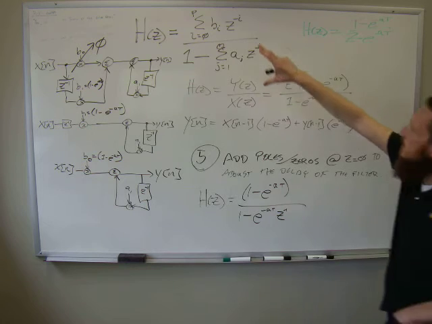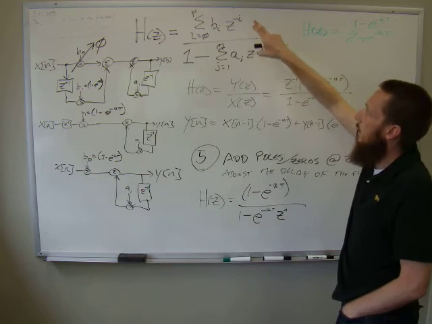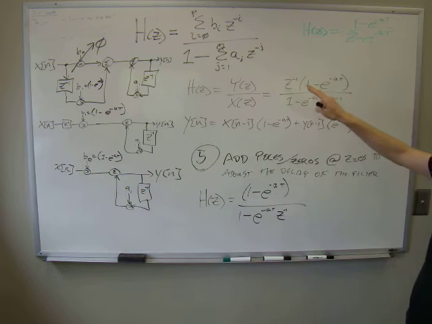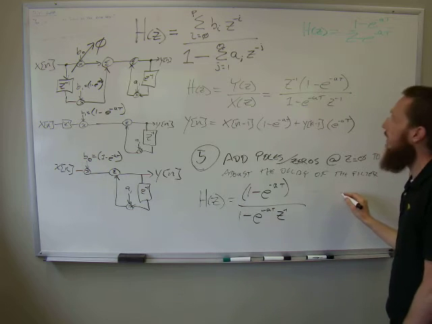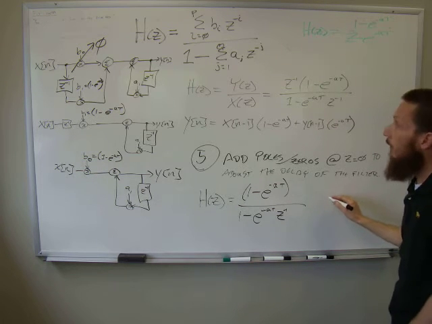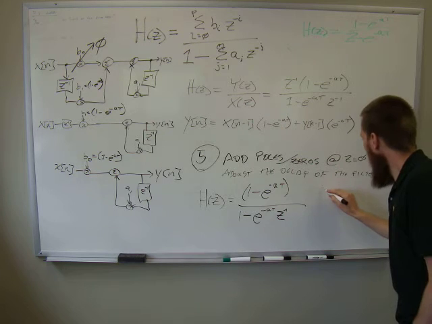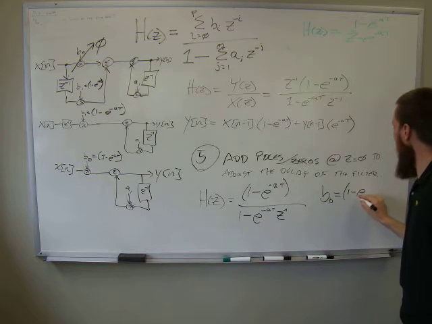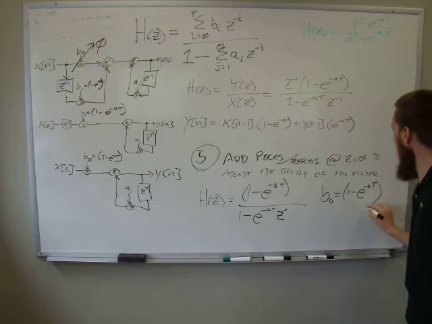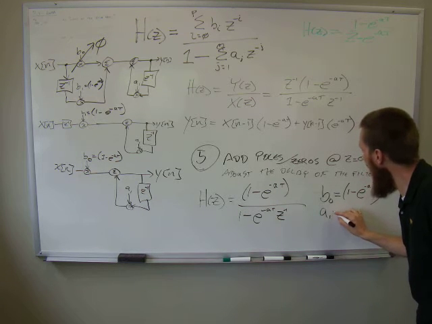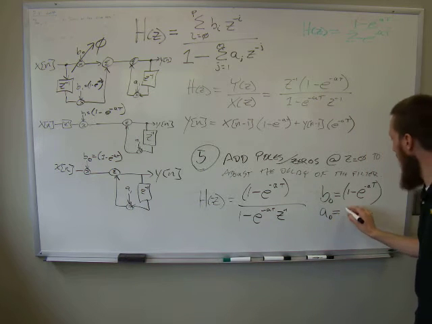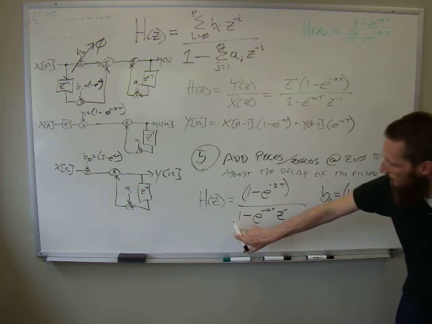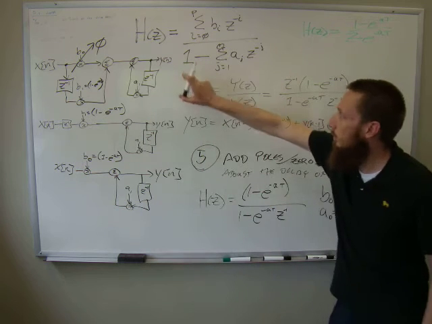This is in this form of the transfer function. Using this form, we can now define our filter variables, which is b0 is going to be equal to 1 minus e to the minus at. a0, let's explicitly state, a0 is going to be equal to 1. That's this term right here.